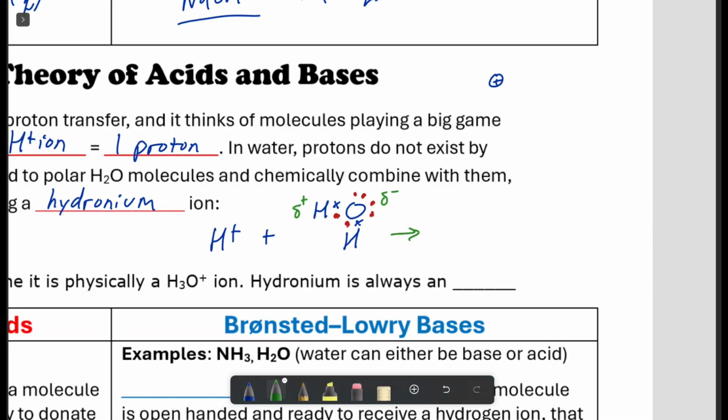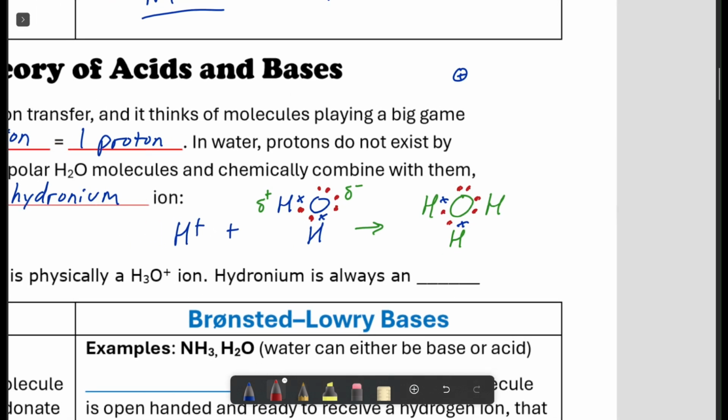Okay, so what happens is now I've got here's my O, here's my H, and I'm going to add a third H. And the oxygen still keeps the 6 electrons that he had originally and the 2 from the original. And the hydrogen just gets to ride onto the H2O molecule and become a hydronium ion.